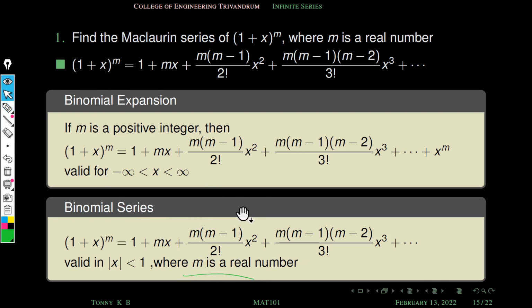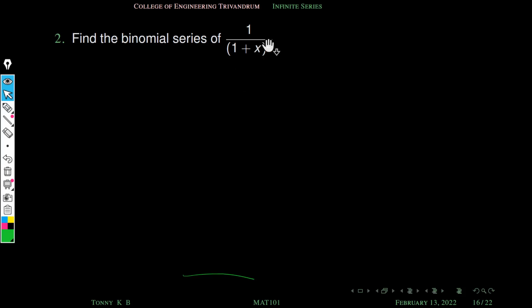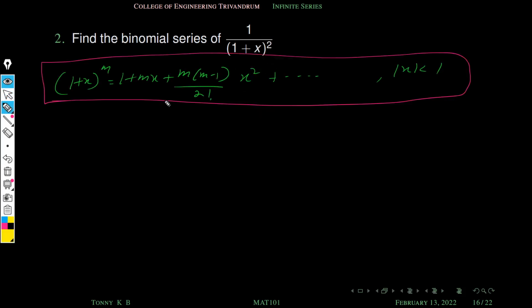Okay, for example, find the binomial series of 1 by 1 plus x square. We know that the binomial series of 1 plus x raised to m is equal to like this. And here, what is the value of m? You can write this as actually 1 plus x raised to -2, right? So here the value of m is equal to -2.